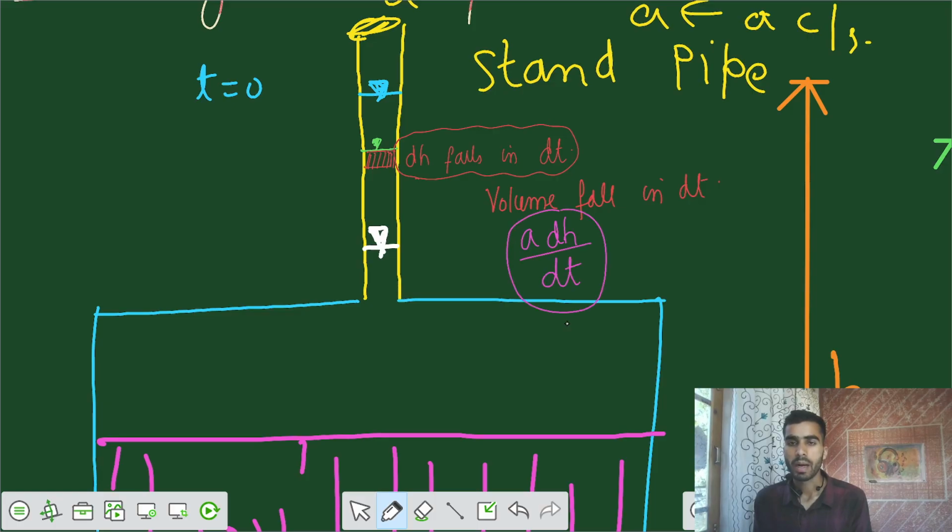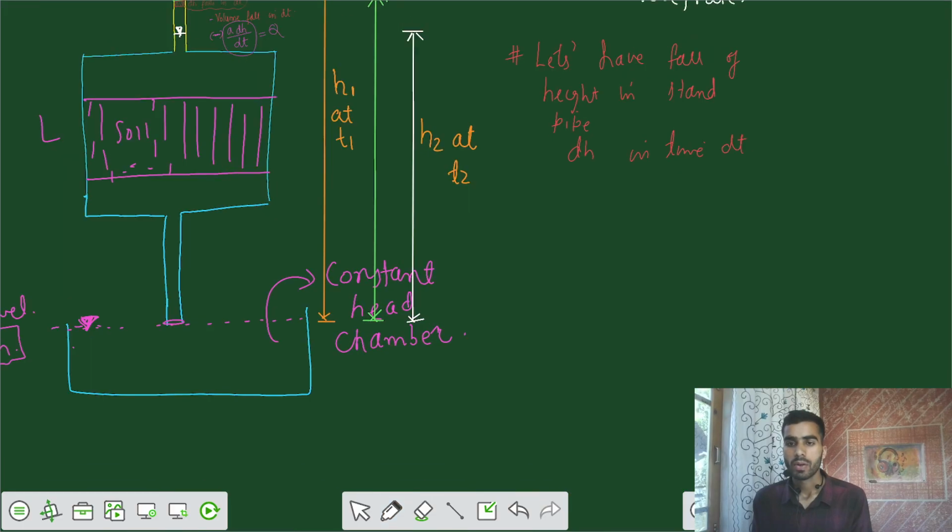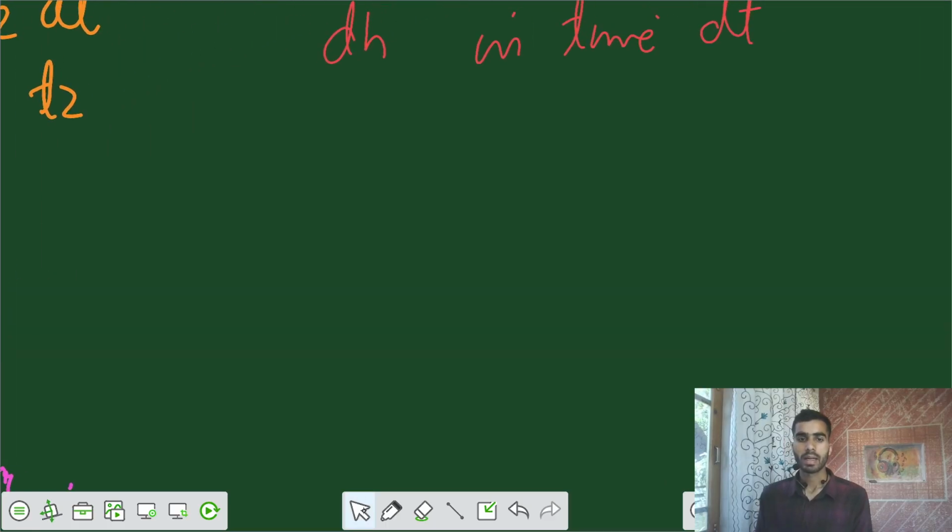That should be maintained because of continuity. It should be supplied from the soil by some discharge q. Because this is a fall, we are going to keep it negative, otherwise the final value would be negative.